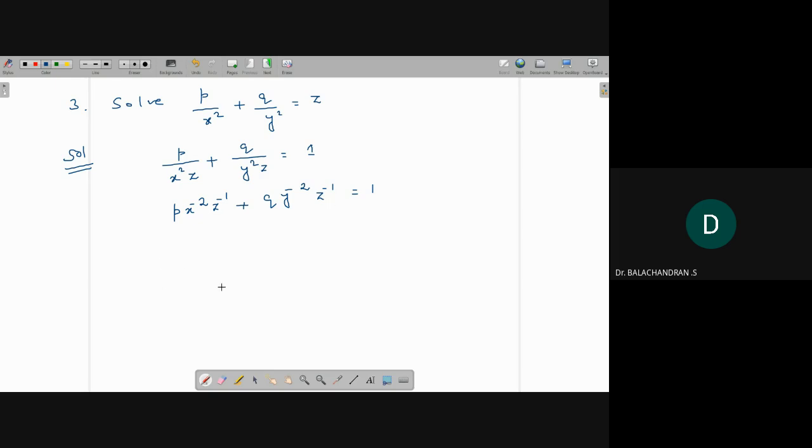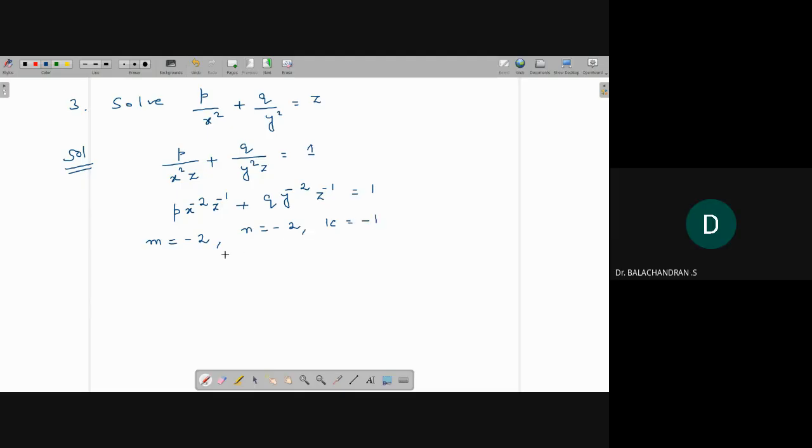What values can we find from here? m is equal to minus 2, n is equal to minus 2, k is equal to minus 1.